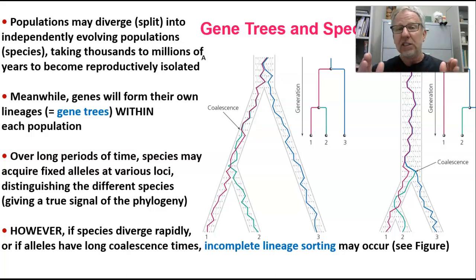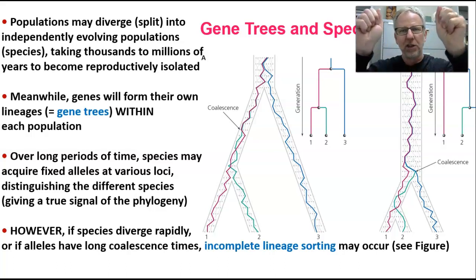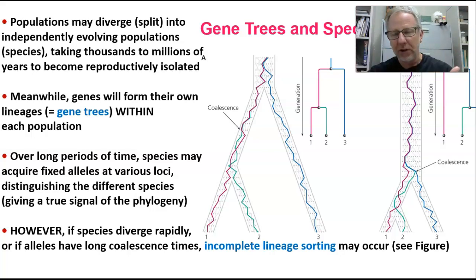If species have relatively long times between their speciation events, between the times that the populations are splitting and diverging and turning into new species, then the gene trees might match up or have a very good chance of matching up with the species trees. And we can use the gene trees to estimate accurately what the species trees are.